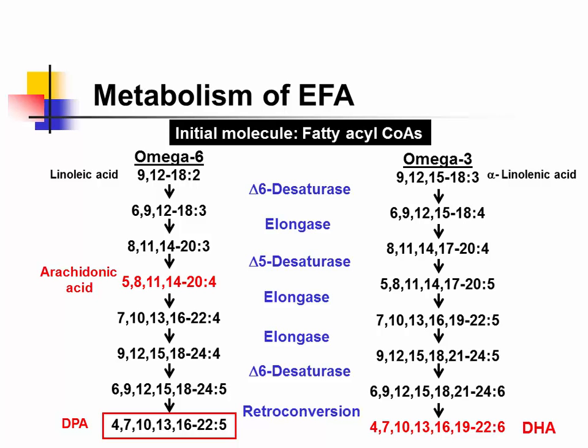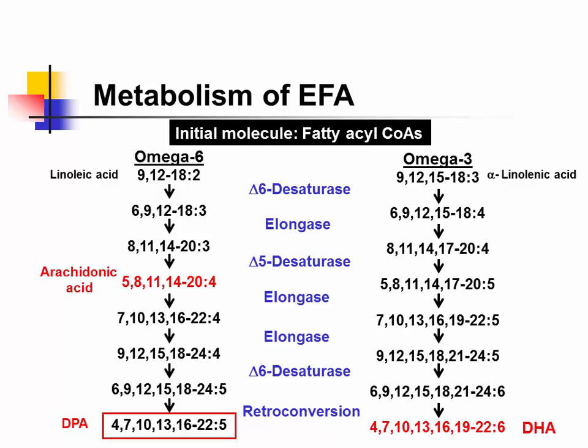I'm not going to go into detail, but first desaturation makes a double bond, then elongation extends the carbon chain, then another desaturation makes another double bond, and elongation extends the carbon chain, and then a third double bond, right? And then retroconversion means that you synthesize longer-chain fatty acids, but you can remove carbons and convert them back to shorter-chain fatty acids, right?